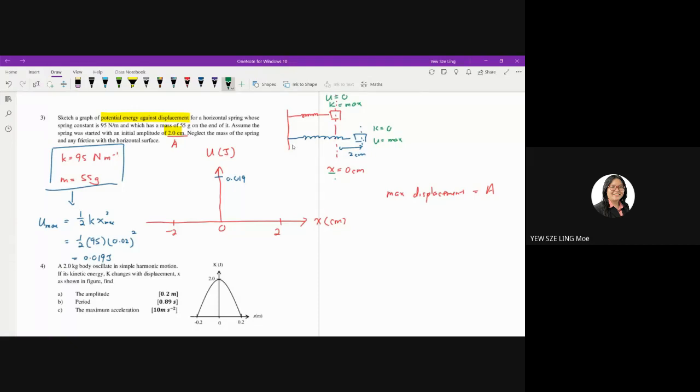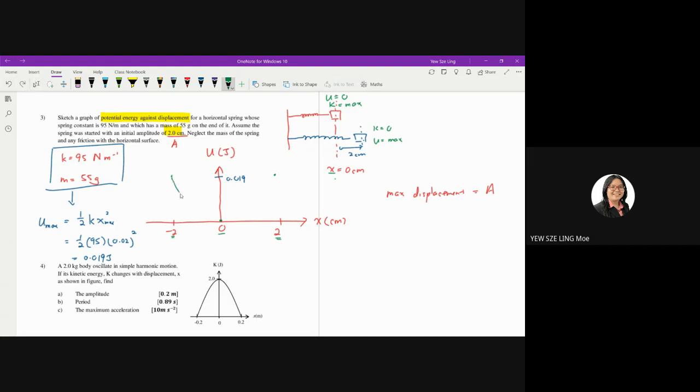At x equals 2 cm, we have maximum U. At x equals 0, we have 0 U. And at x equals negative 2, again it goes back to maximum U. So you will see a U-shaped graph here.